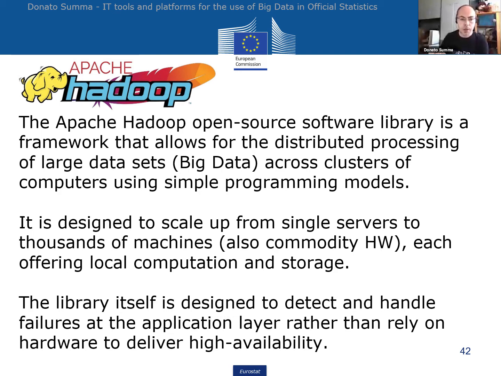The Apache Hadoop library itself is designed to detect and handle failures at the application layer rather than rely on hardware to deliver high availability. So basically, we are talking about the middleware layer of Apache Hadoop that is responsible for guaranteeing high availability.